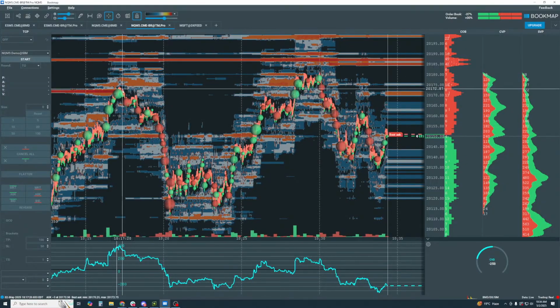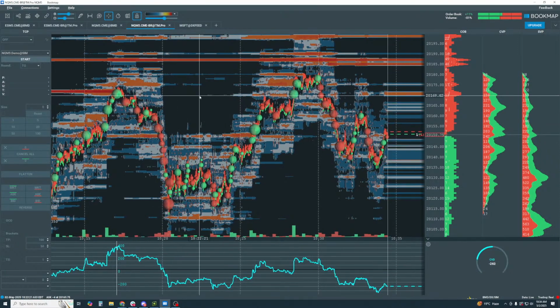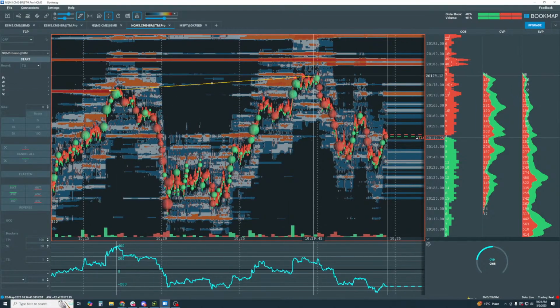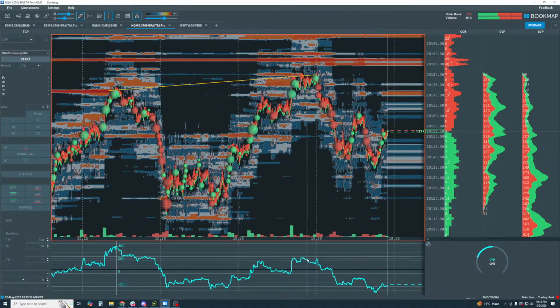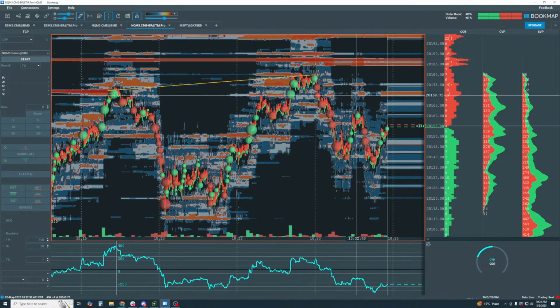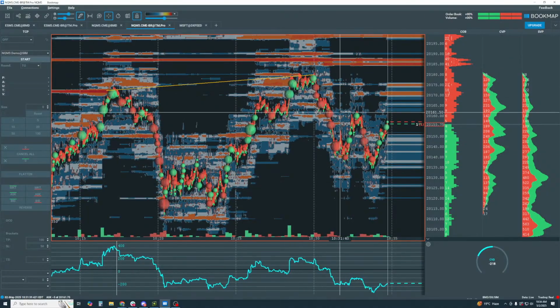For those of you following the CVD, we have a pretty nice one here, actually. You can see the move here, a little higher high, but CVD's not buying it. You can see that this is a lower high here. Now what does that mean in the bigger picture, though?